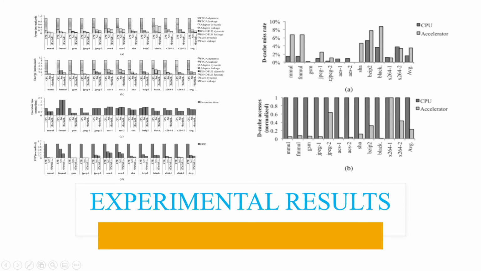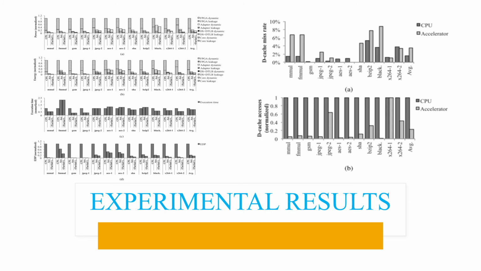In the second figure, they describe the benefit of accessing data directly from the CPU data cache. They measure the data cache hit rate of the CPU and accelerator. The result is shown in the figure, comparing the amount of data cache accessed by the CPU and accelerator.